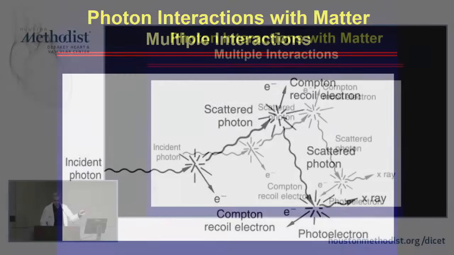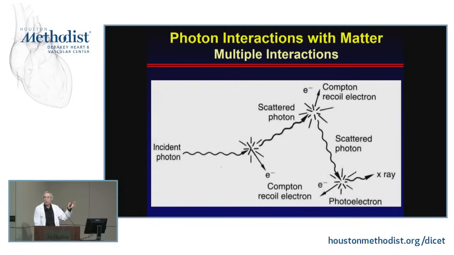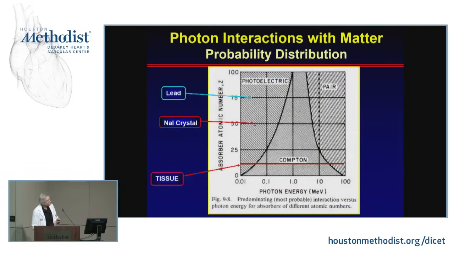And again, it's determined by how much energy is lost in terms of being within the energy window of the radiotracer. The other thing to keep in mind is that when you look at different structures like tissue or the sodium iodide crystal, which we use to image, or lead, most of what happens in tissue is Compton scattering. There is some photoelectric effect where you have absorption of the entire photon, but most of it is Compton scattering.